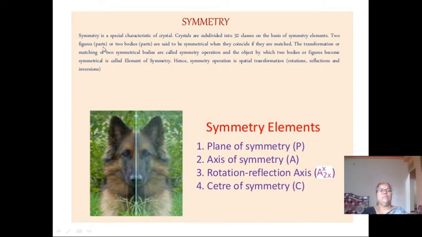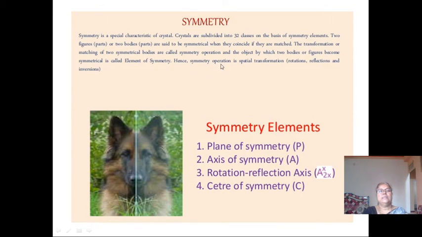Two parts of a figure, or two bodies, are said to be symmetrical when they coincide if they are matched. The transformation or matching of the two symmetrical bodies is called symmetry operation, and the object by which two bodies or figures become symmetrical is called an element of symmetry.